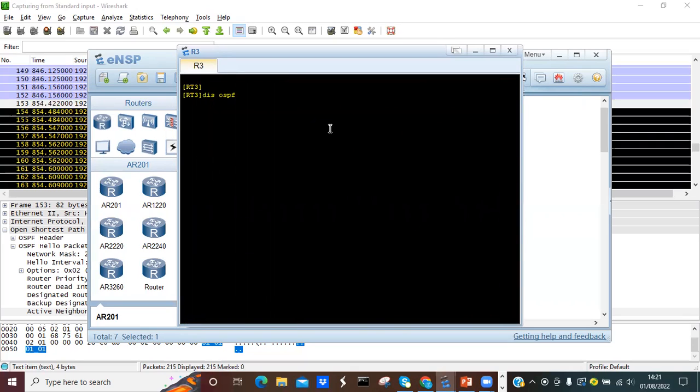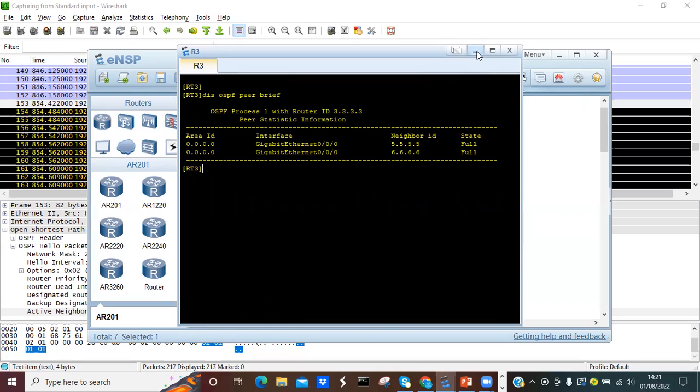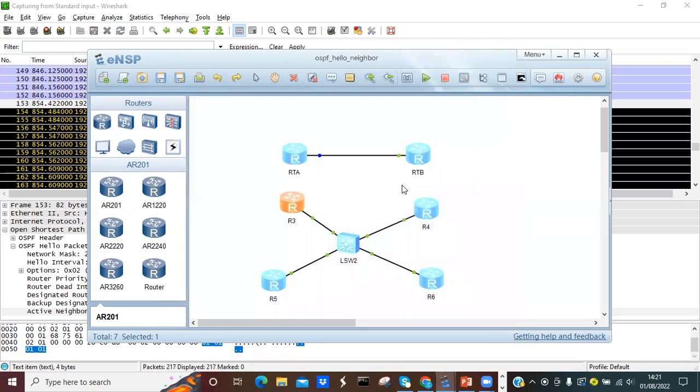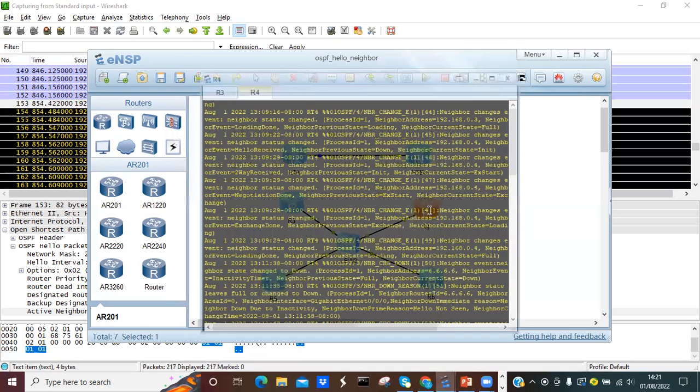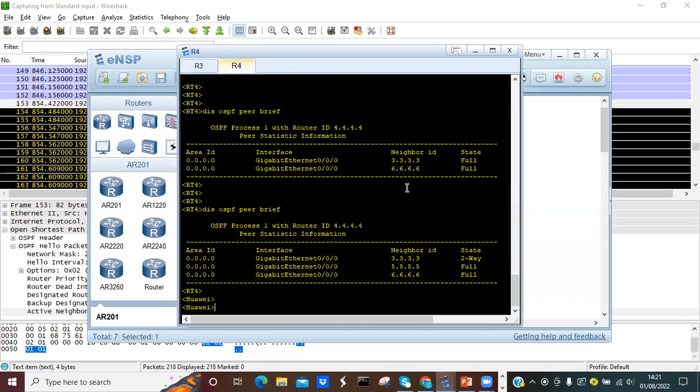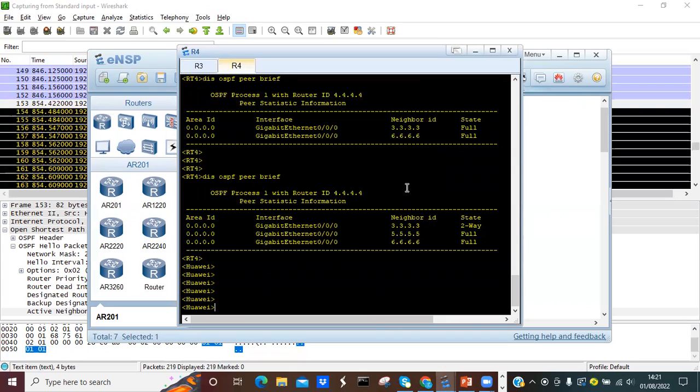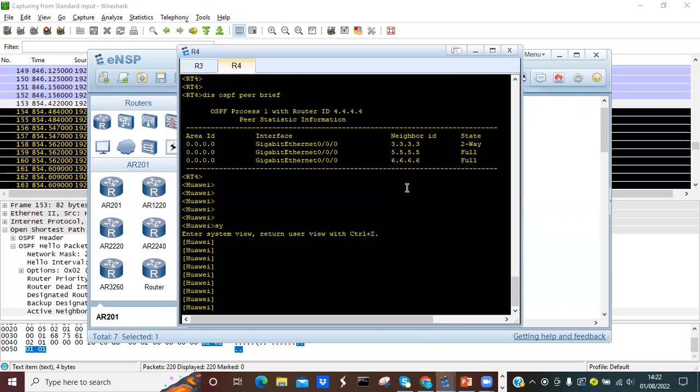Display OSPF peer brief. 4.4, what is happening to it? Let's configure this one. It seems it has lost the configurations.